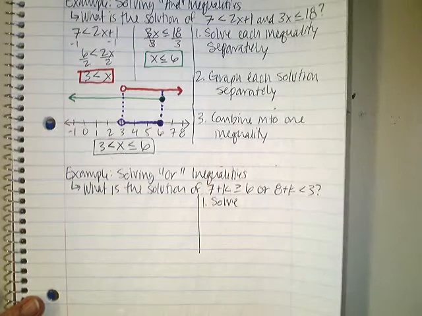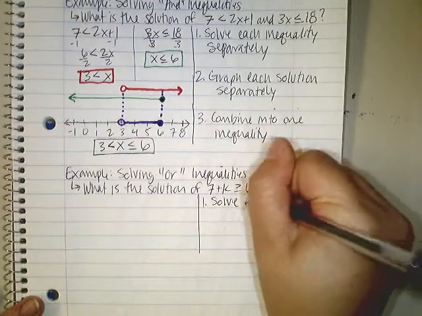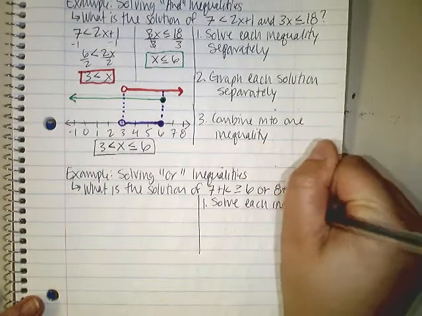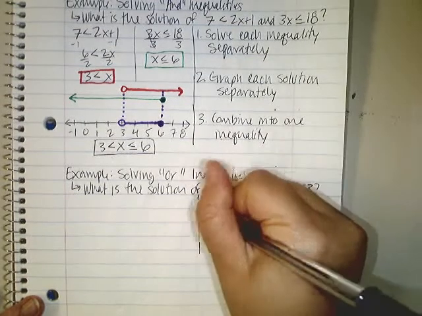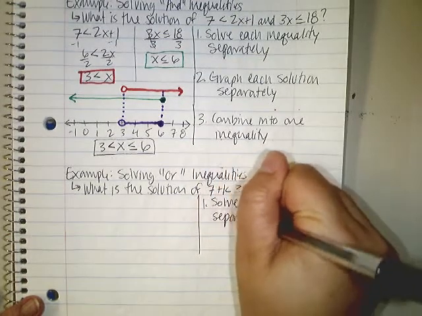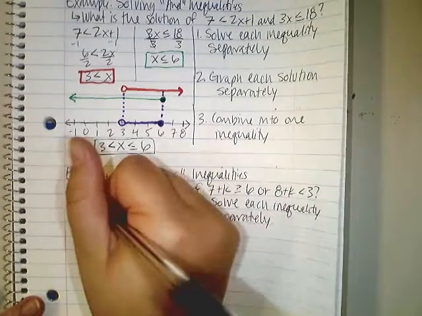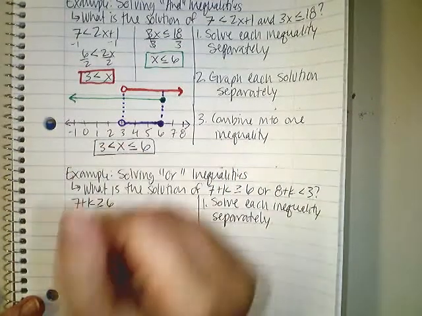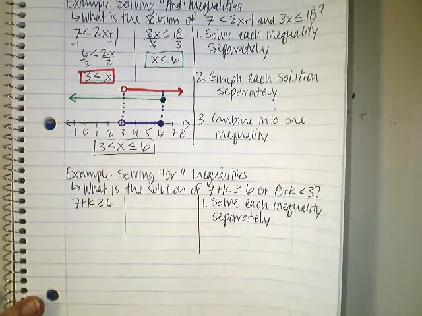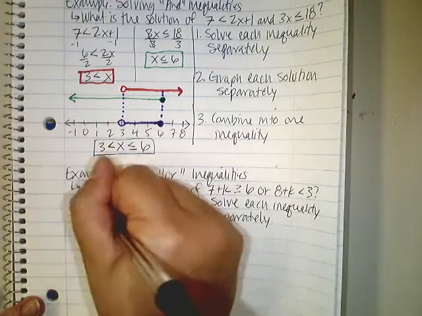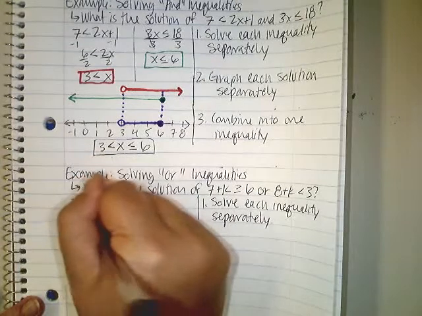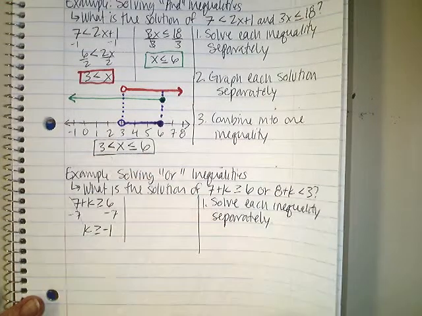I'm going to solve each inequality separately. So we'll start with 7 plus k is greater than or equal to 6 here. I'll draw a line so I have room for my other one. I'm going to subtract 7 from both sides, and I get k is greater than or equal to -1.